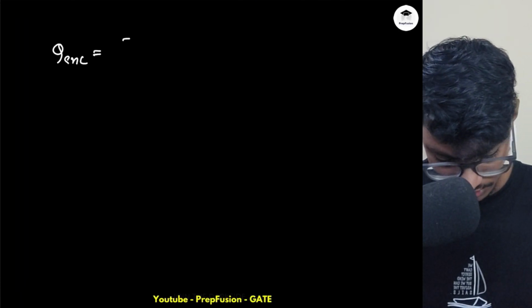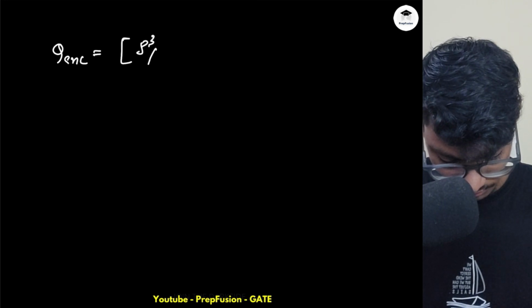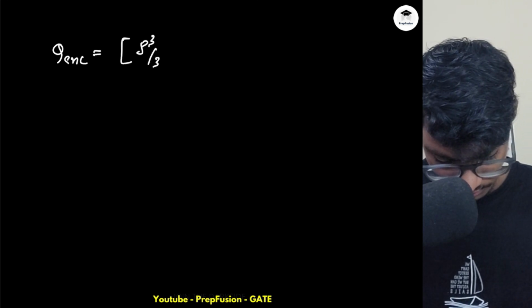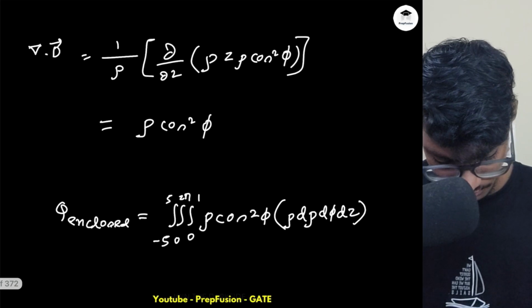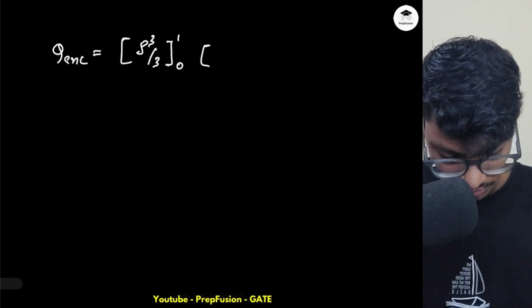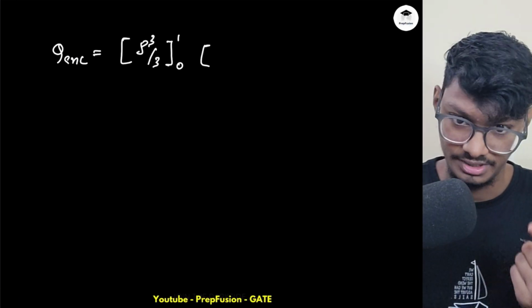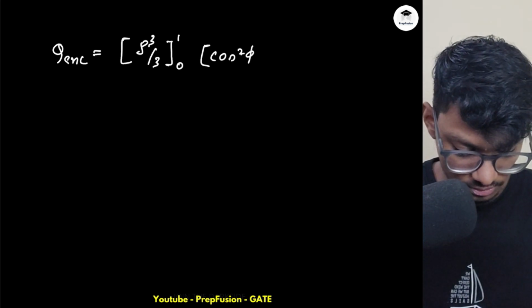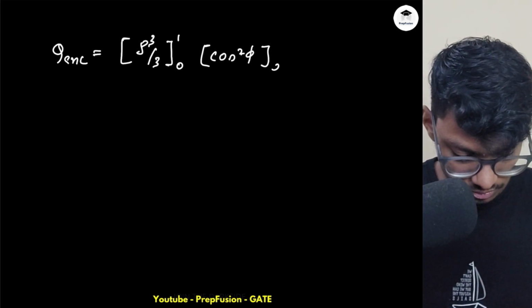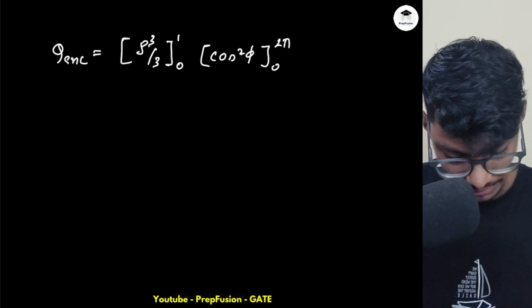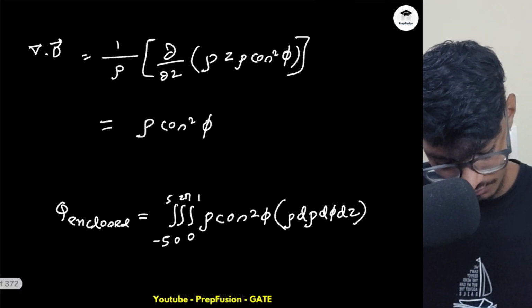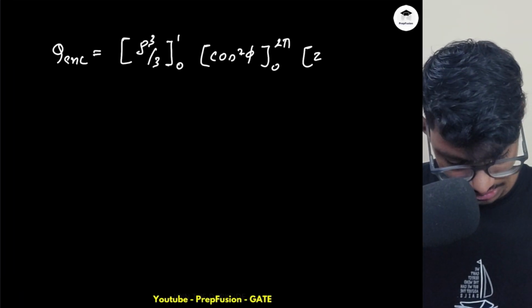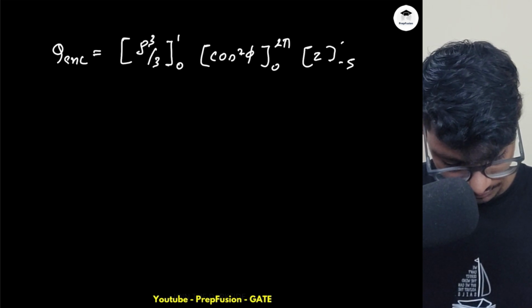If I solve this individually, cos square phi. Cos square integration is a bit difficult, we have to do this. So cos square phi from 0 to 2 pi, and this one will be basically z from -5 to 5.